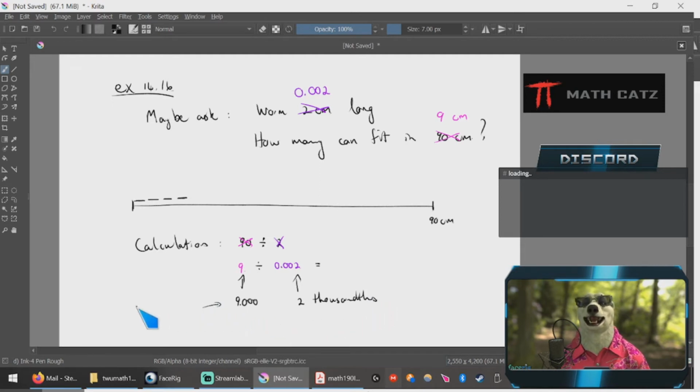And this is 9,000 thousandths. So therefore, this is the same as 9,000 divided by 2, which is hopefully fairly easy as 4,500 thousandths.